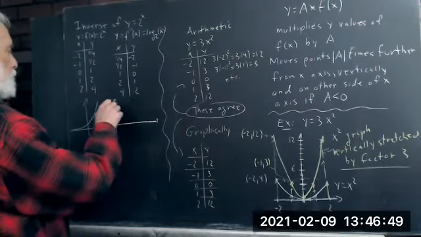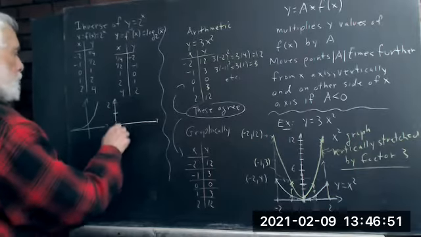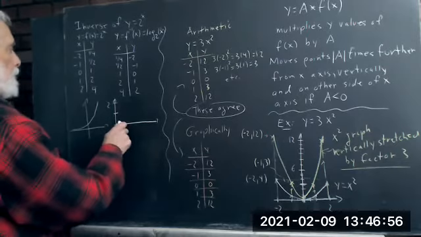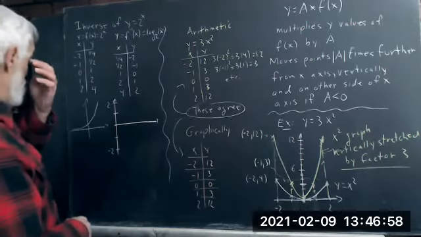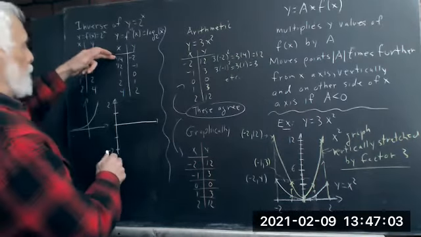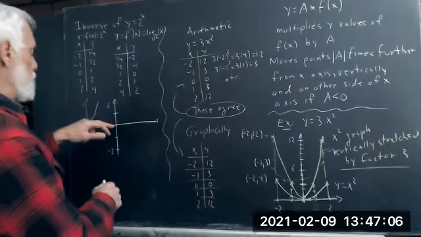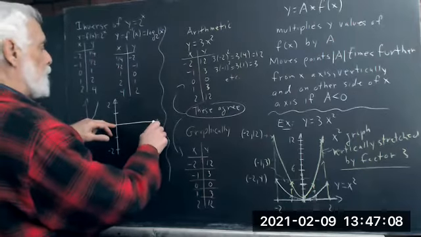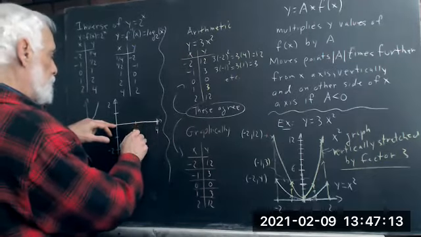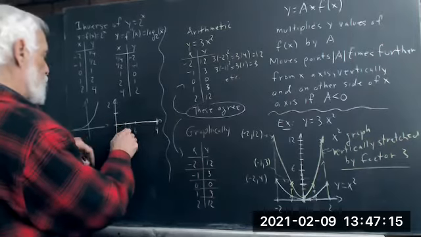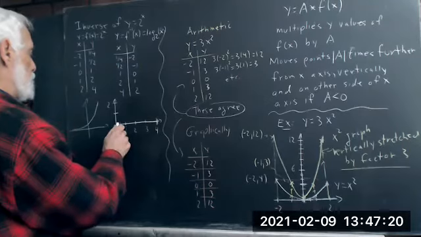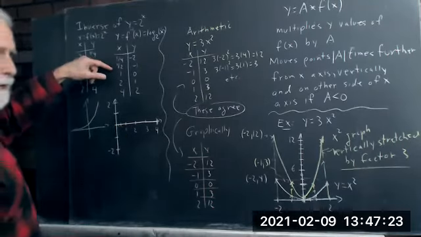So I'll put -2 here and 2 here. Then I'll have 1 here. And I'll have -1 here. And then for y values, that's all I'm going to need. X values are going to go from 1/4 to 4. Well, here's 0. I'll put 4 out here as far as I can. And then I'm going to have 2 here, 1 here, 3 here. And then I'm going to have to have 1/2 and 1/4 because those are X values.